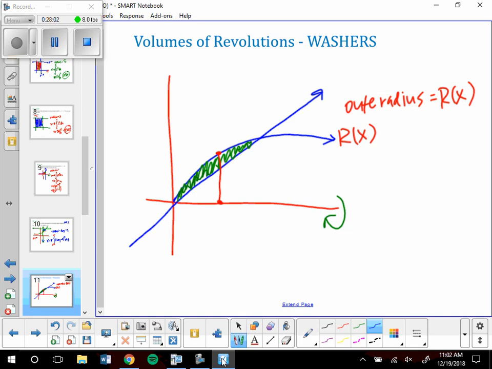It's going to be from the shaded area farthest away from my axis all the way down to the axis that I'm rotating around. But then I want to go from the bottom part of my shaded region down to the axis. And that's going to be my inner radius. If I take these heights and rotate them around, is that going to be part of my solid? No, so that's the part that I'm going to cut out. So my inner radius is little r of x.